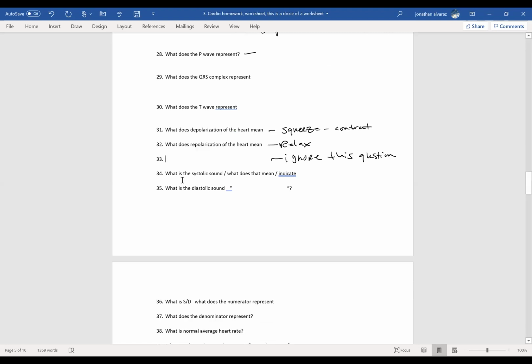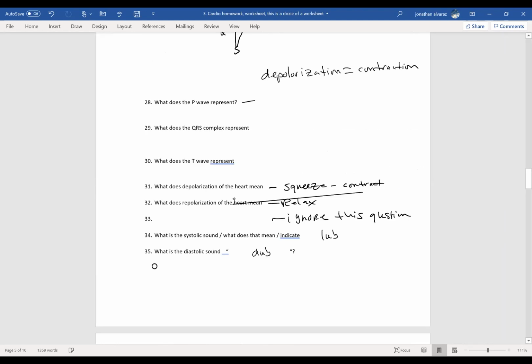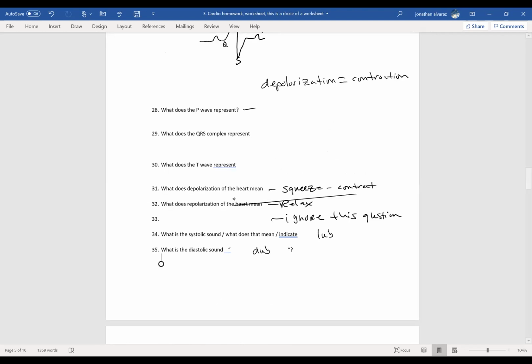Okay, let's see. So the systolic sound, this is the classic lub dub of the heart. The lub is where the ventricles are squeezing, depolarizing, contracting.